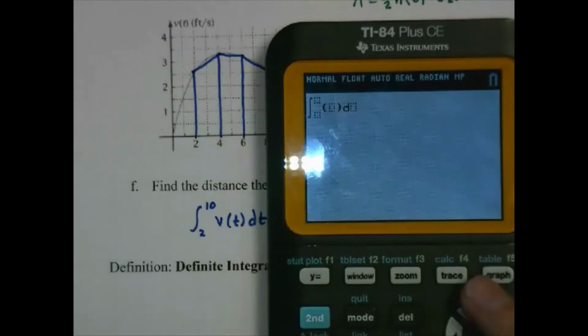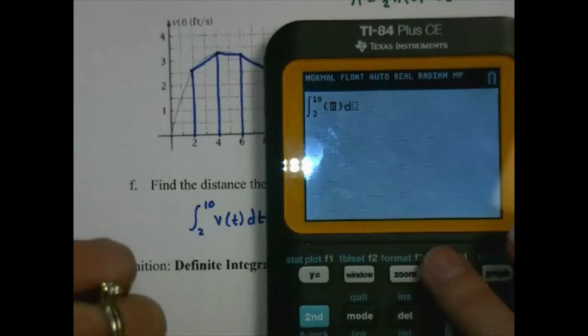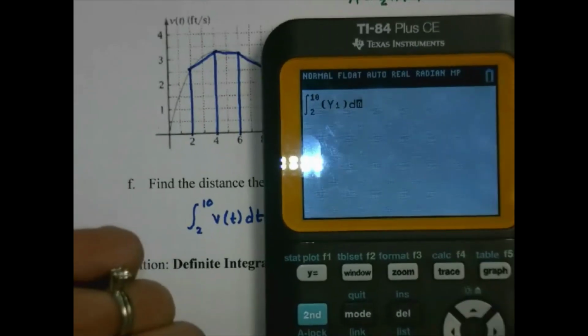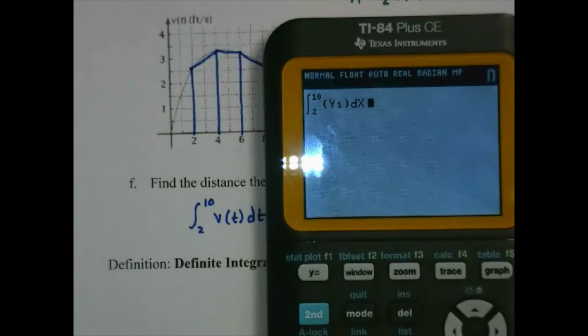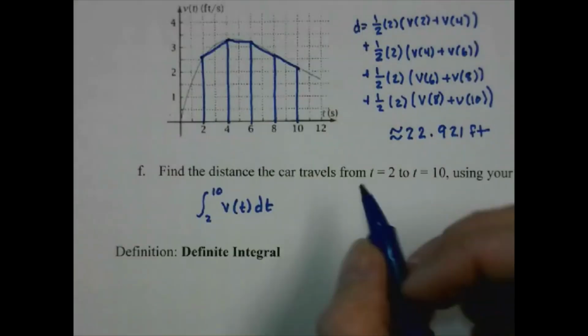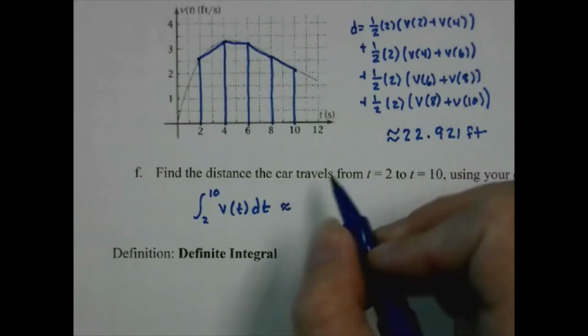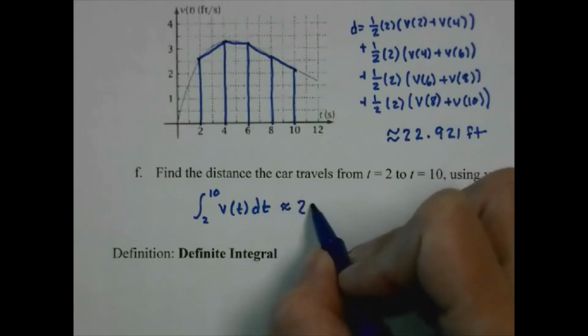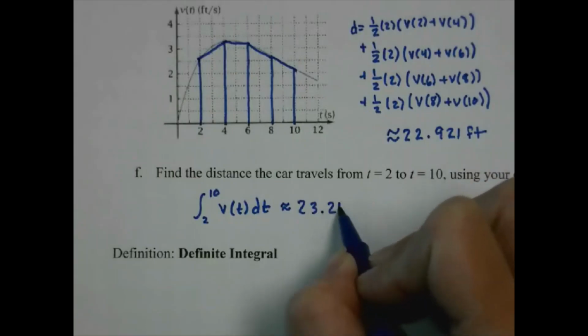So we want fnInt from 2 to 10 of our y1, and we put an x there. That gives us 23.242 feet. So our approximations were all pretty accurate, or pretty close anyway.